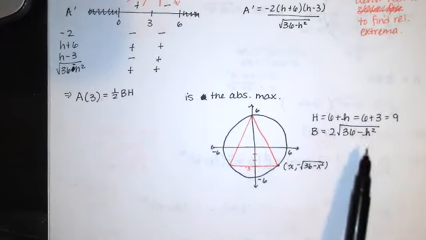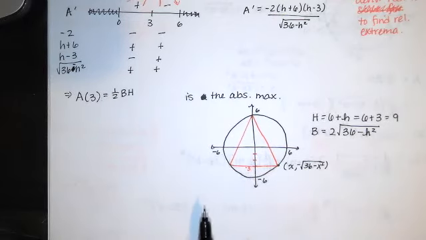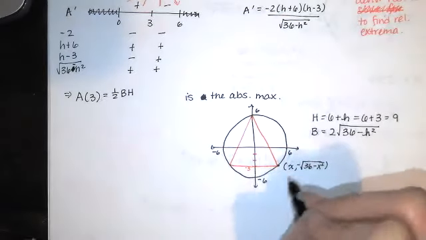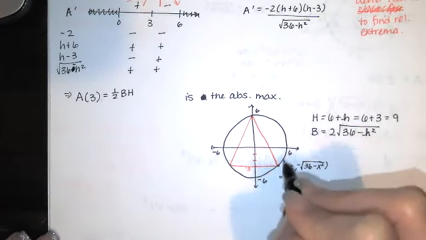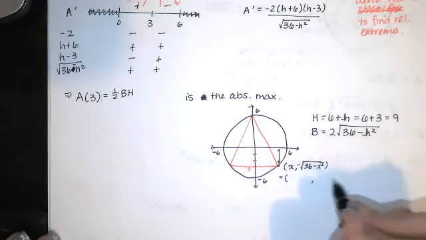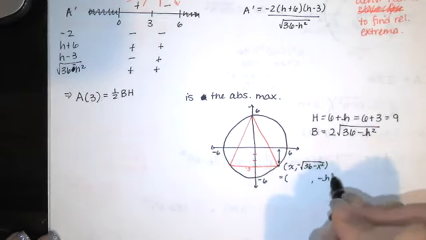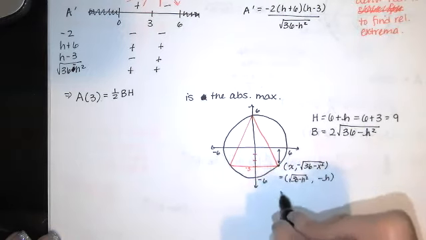So this is actually 2x when we're on this circle. Or actually, that's one way of writing it. Or in terms of h, the y value is negative h here. And the x value is the square root of 36 minus h squared.